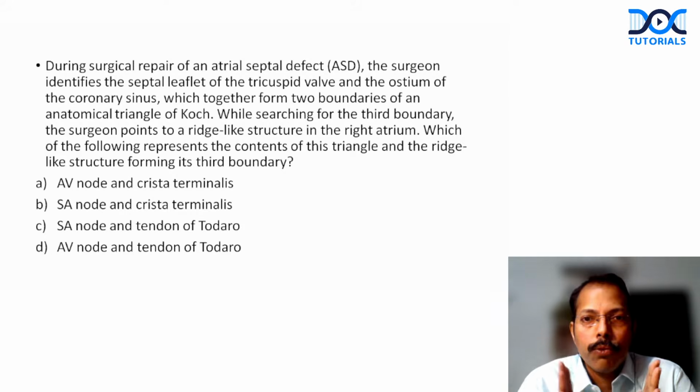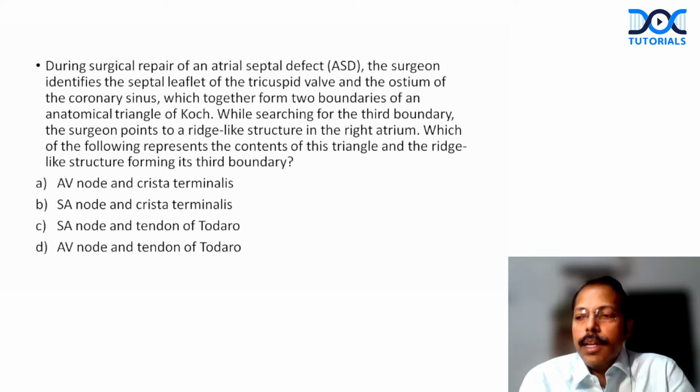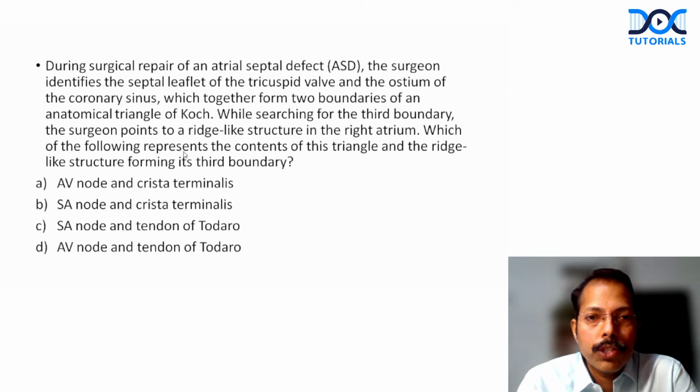Once you read the question, think about what they are asking. They are asking the content and one of the boundaries. As you all know, recall the boundaries forming the triangle of Koch. Just write them in your rough book in your examination, and assess what the content is. This will give you a clear idea of how to answer this question.